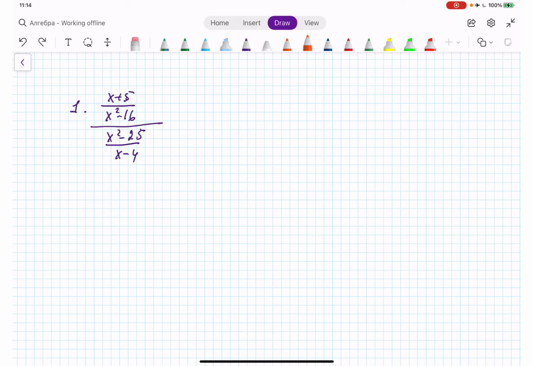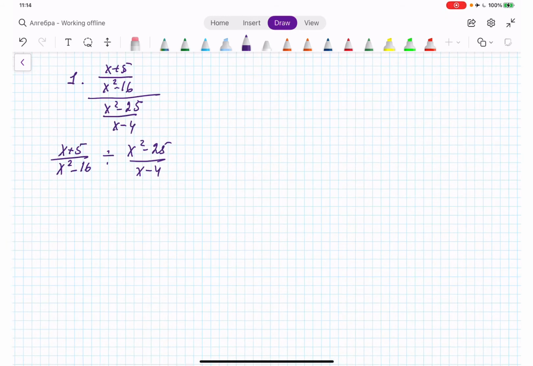So I'm going to rewrite (x plus 5) over (x squared minus 16) divided by (x squared minus 25) over (x minus 4).